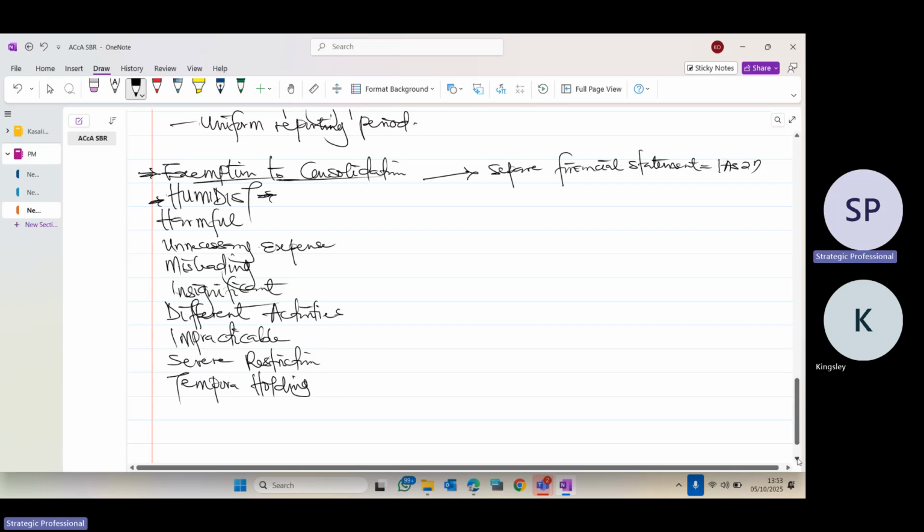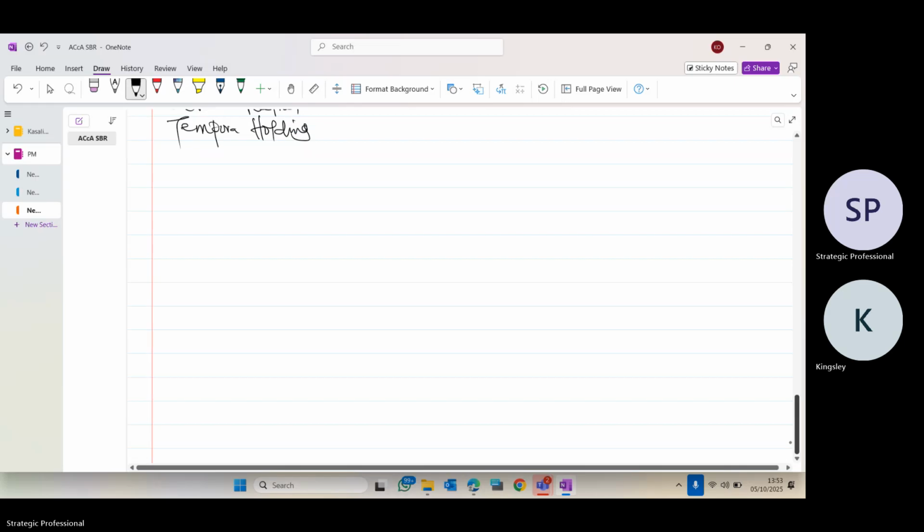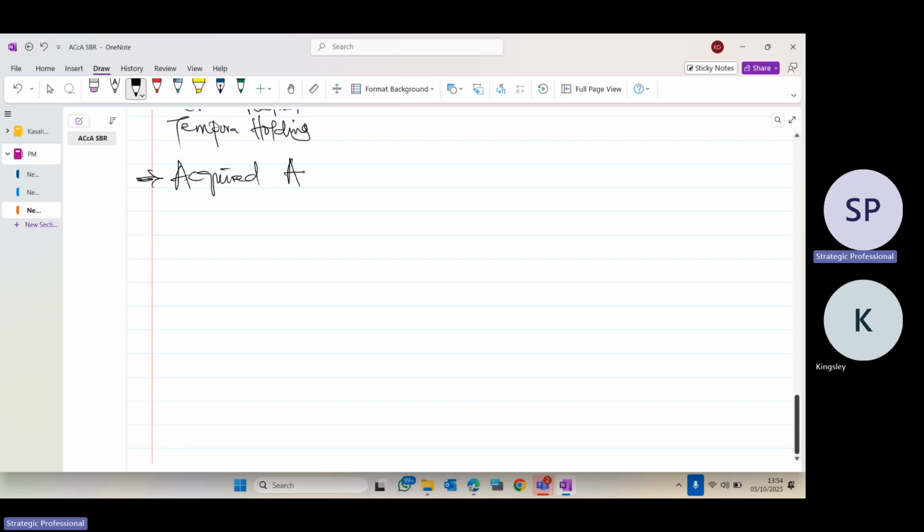So what are the things that you always acquire? It is assets and liabilities. Let's go to acquired assets. And what? Liabilities.